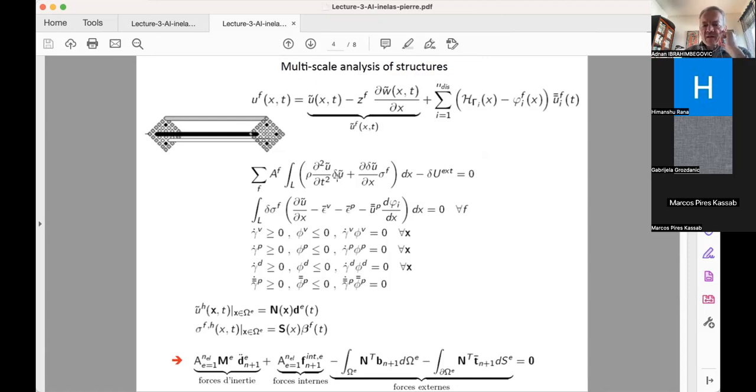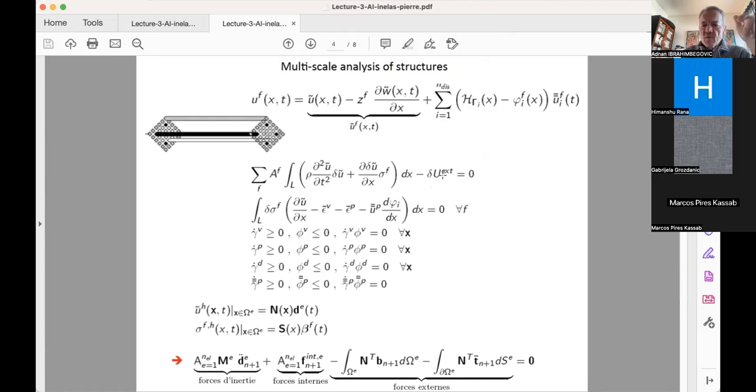So at a certain point you kind of run out of letters. And this will be your virtual strain, that is the derivative of the virtual displacement that we called here delta u. This is like w, what we called before, but there's already w here. So you cannot use too many of these notations for the same letter, times the fiber. So this is fiber by fiber. You take into account all the contributions, and you get your equations of motion.